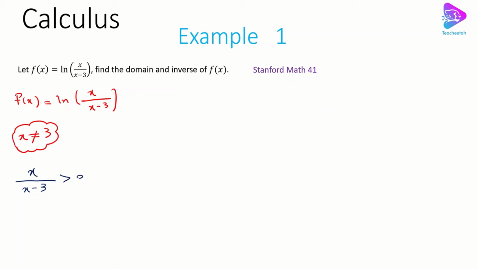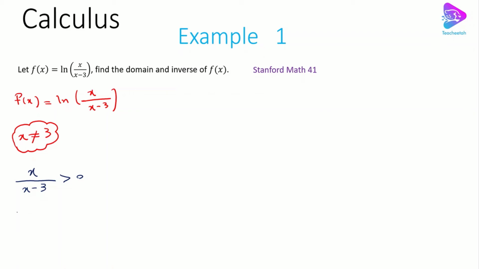From there we have two cases: the numerator and denominator both should be positive, or both should be negative.